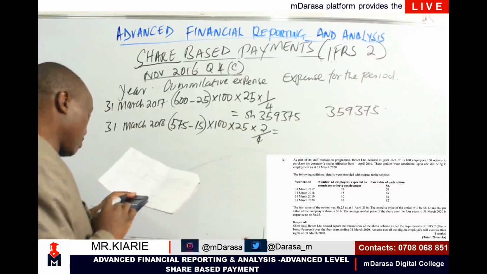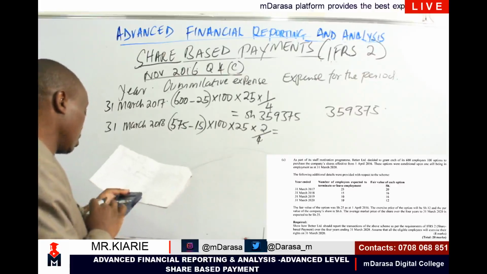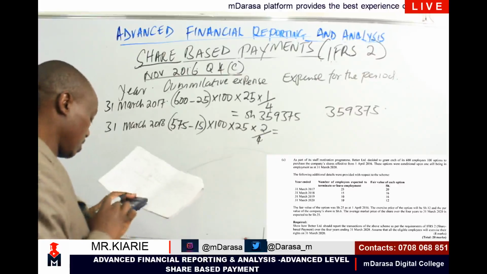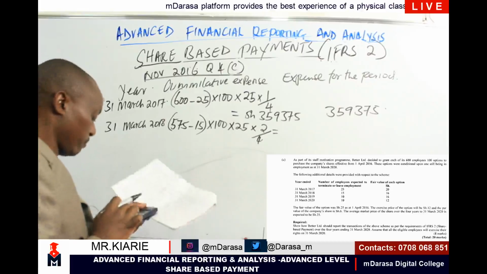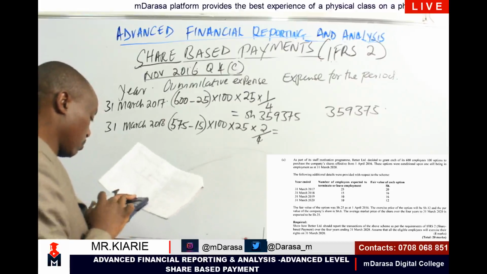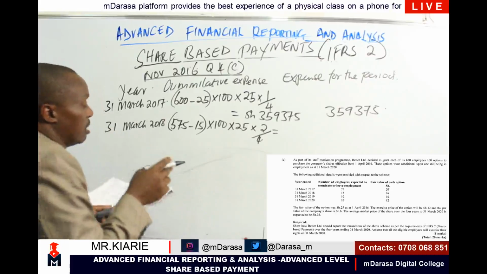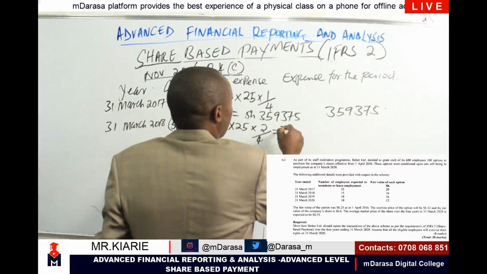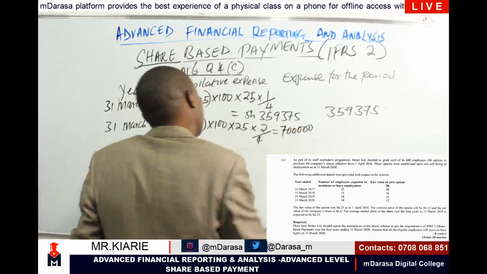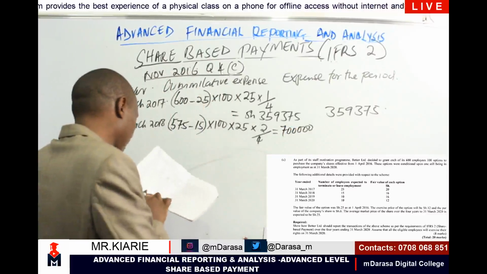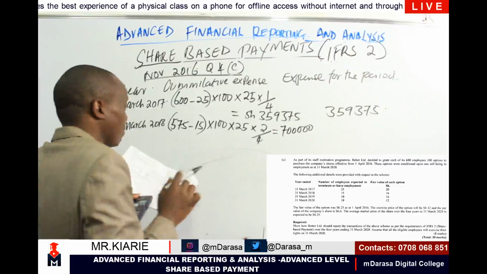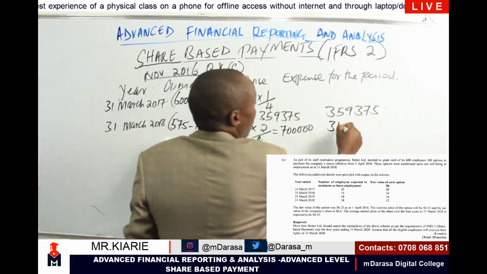This one gives me 575 minus 15, which is 560, times 100, times 25, times 2 divided by 4. It gives me 700,000. I subtract the cumulative of the previous year. I get 340,625.